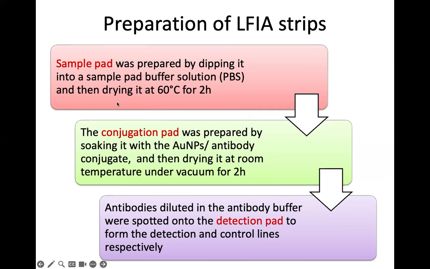And I have to tell you that the lateral flow process is very sensitive to moisture, meaning that once you have done the conjugation pad and sample pad preparation, everything has to be in dry condition after that. Drying at room temperature under vacuum.